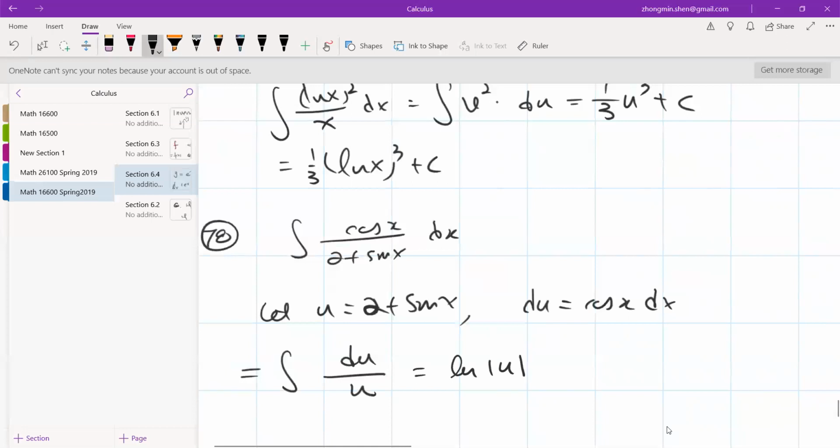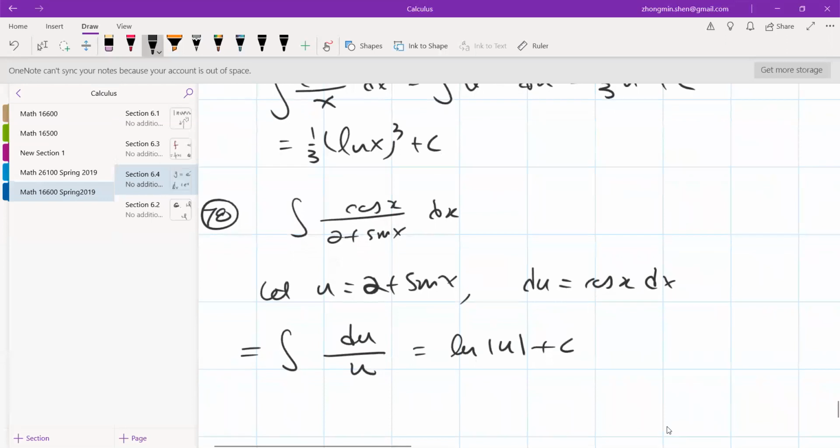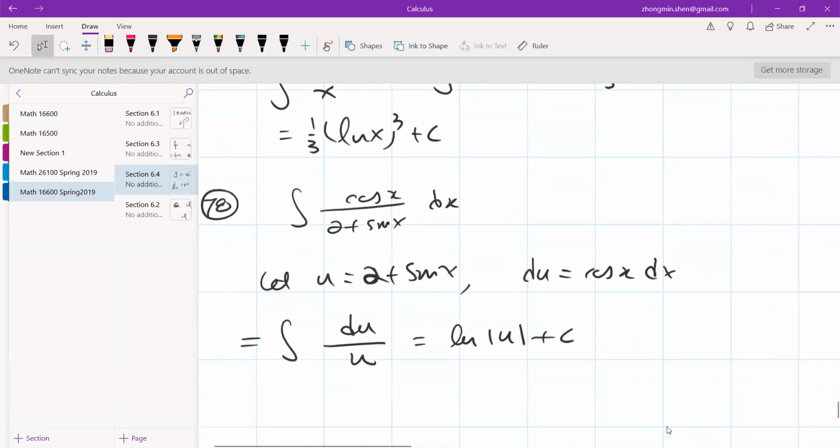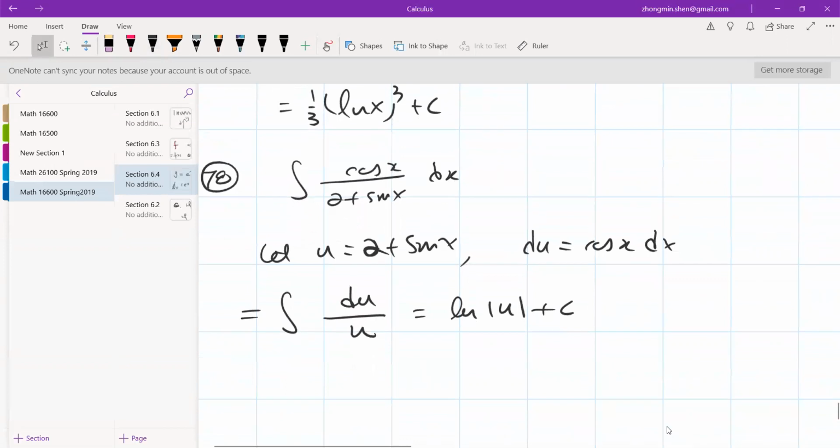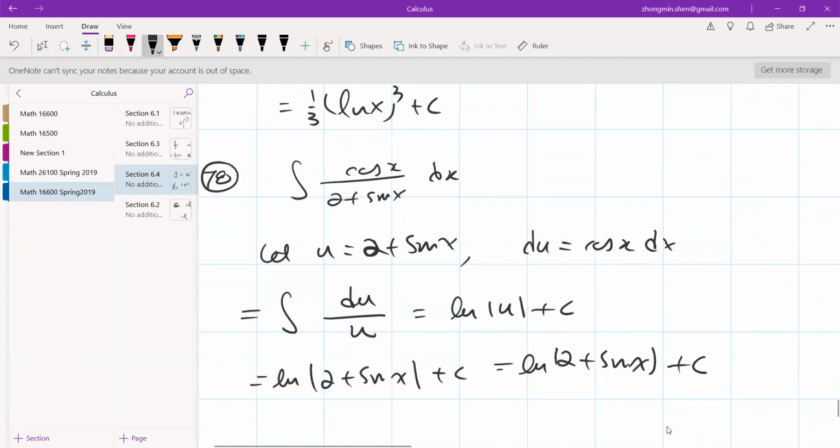But don't forget the absolute value first. Okay, in general, it's okay, because this could be negative, could be positive. But for this particular substitution, 2 plus sine x is never negative, so you can remove the absolute value. Okay.